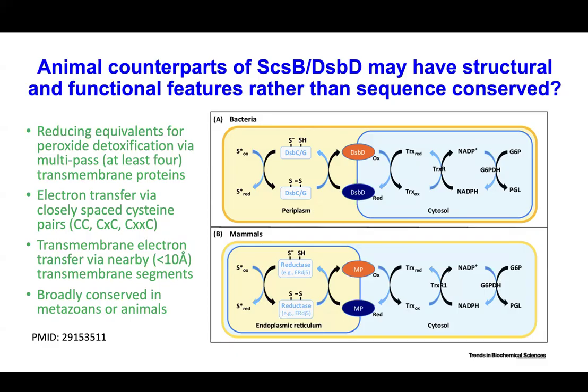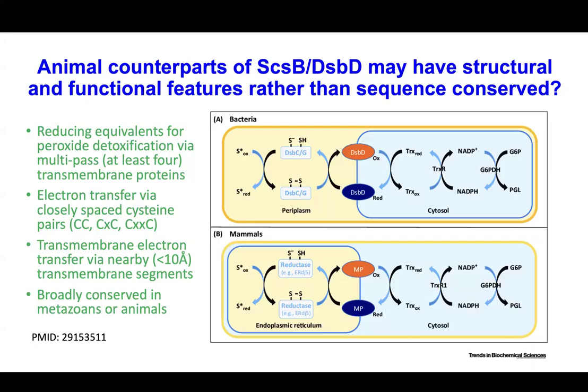So we thought that maybe this protein may have a structural or functional feature rather than sequence homology that you can find in the bacterial counterpart, meaning the way this protein carries out the electron transfer and reduces the target protein or molecule.